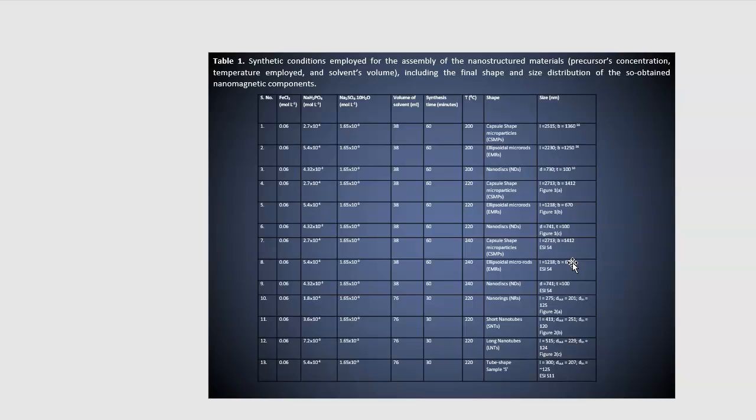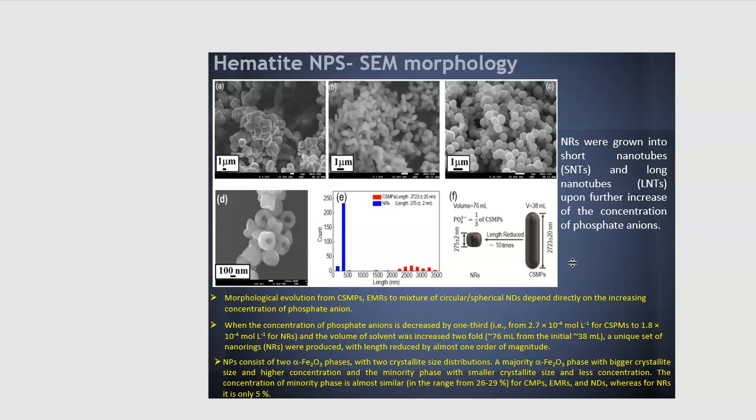In this way we obtained different morphologies. Here you can see the hematite nanoparticles: capsule-shaped microparticles, ellipsoidal microparticles, and also circular and spherical nanodiscs, depending on the phosphate to sulfate ratio.